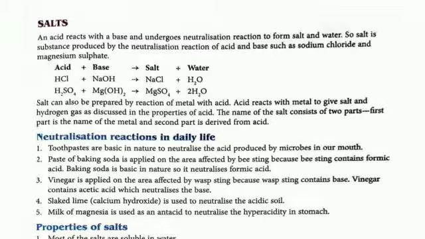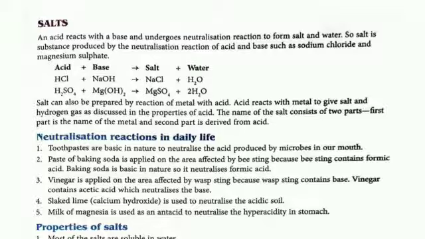There no water is formed. In place of water, hydrogen gas is formed, as discussed in the properties of acid. The name of salt consists of two parts. The first part is the name of the metal and the second part is derived from the acid.